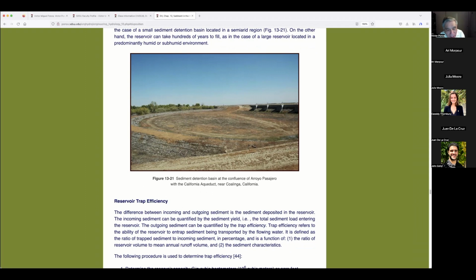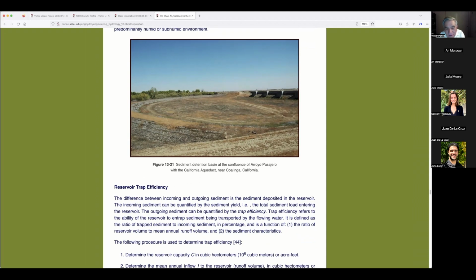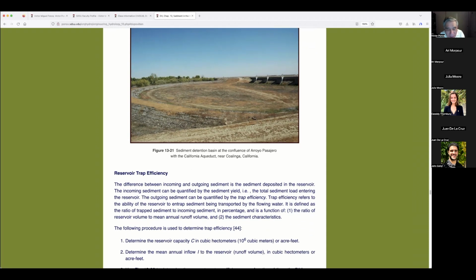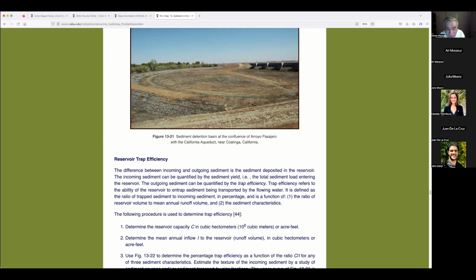So this is the confluence of the Arroyo Pasajero with the California Aqueduct near Coalinga, California. It's about 4 hours from here, roughly. I don't know if you've been out there. I've been there several times because we were studying at the time, this was in the year 2007, 2008, the issue of the salinity in the Central Valley, which led to a couple of papers on the subject.